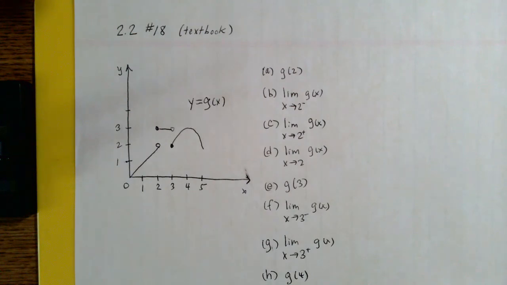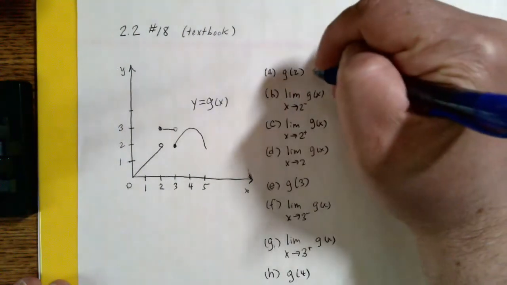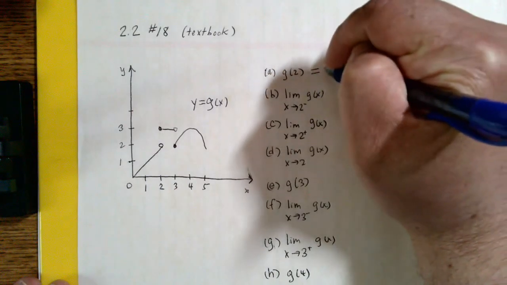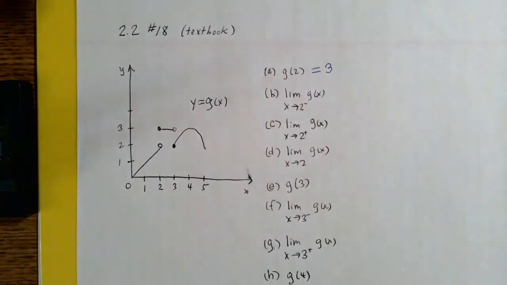So that means g of 2 is 3. We're looking for the height of the y-coordinate of the point that we find on the graph when x is equal to 2.